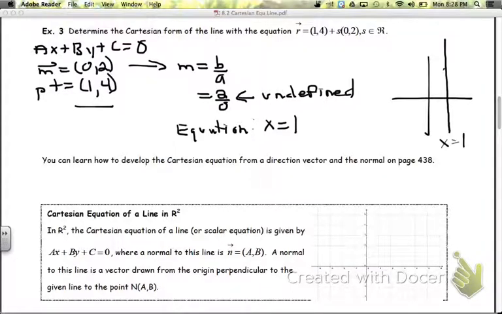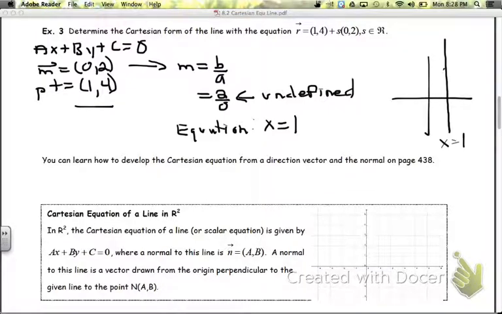So our Cartesian equation of a line in R2. In R2, the Cartesian equation of a line, or scalar equation, is given by ax plus by plus c equals 0, where a normal to this line is our vector n, which is equal to (a, b). A normal to this line is a vector drawn from the origin perpendicular to the given line segment to the point n, which is located at (a, b).